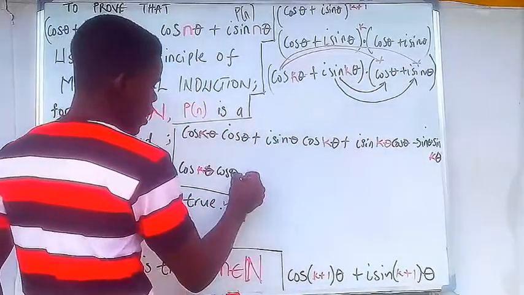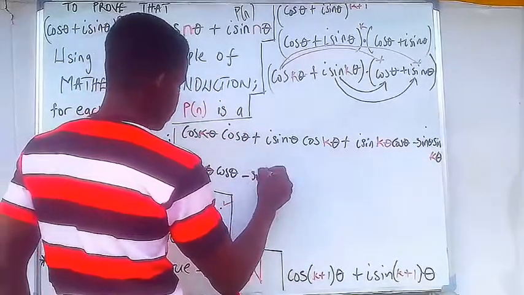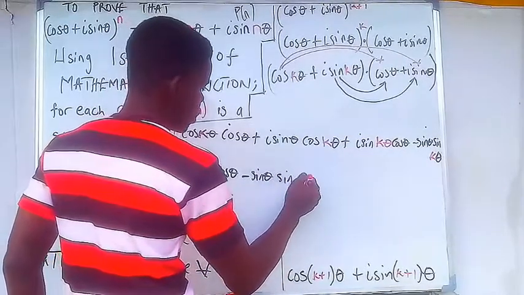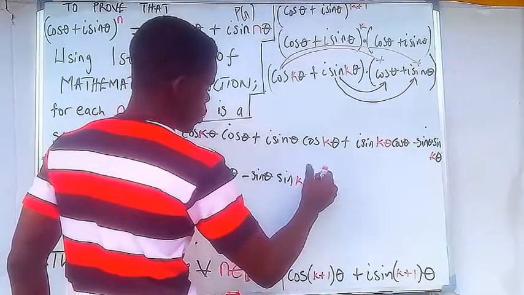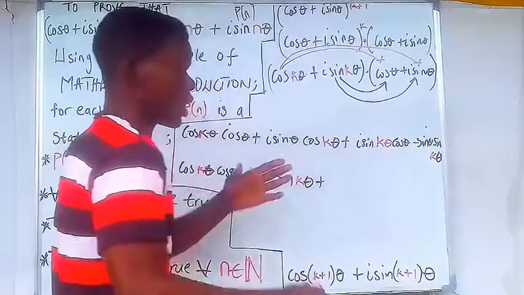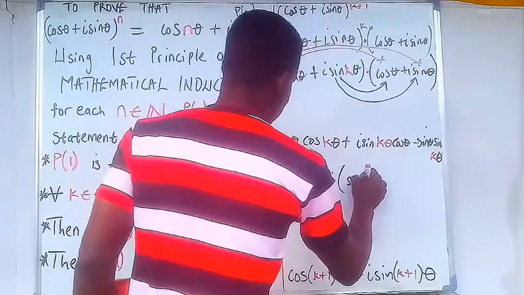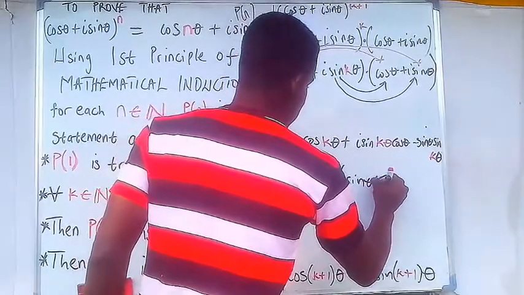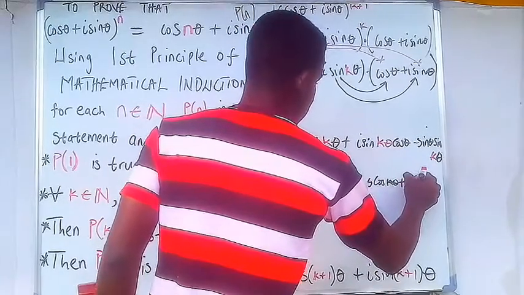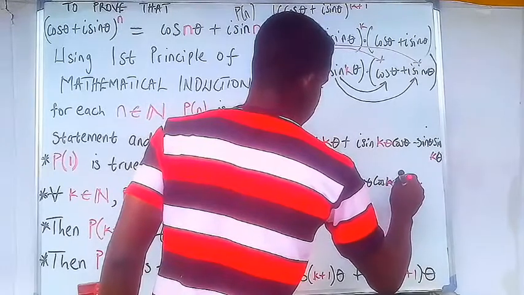That's just minus sine theta times sine of k theta. Plus now we group these imaginary parts together, the part with the i. We take the i out, we have sine of theta cosine of k theta plus sine of k theta cosine of theta.